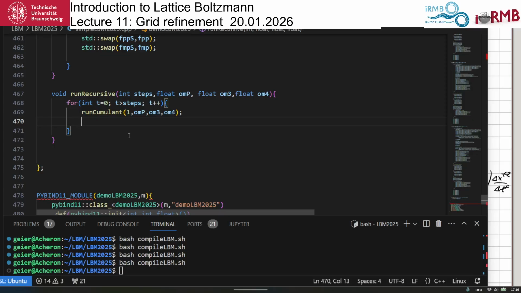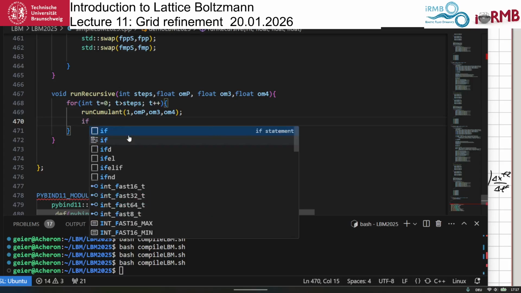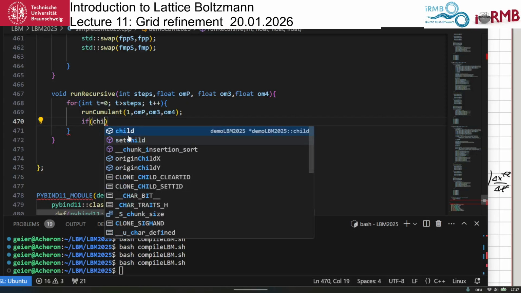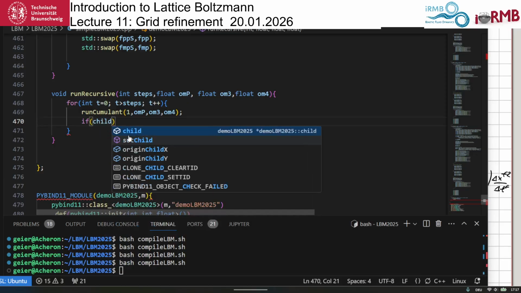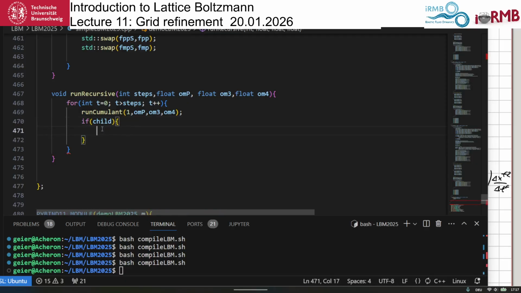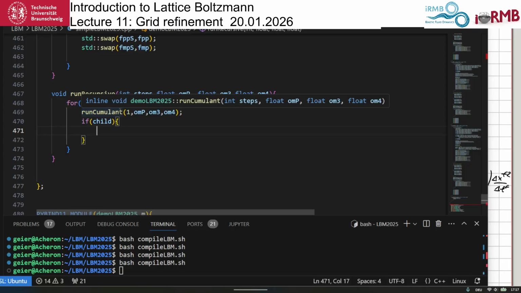So this is why we have this null pointer, because we can ask the null pointer whether this exists. So we can simply say if child. Because if it has a null pointer, then this will not do anything. And if it doesn't do anything, all it does is run the outer loop. Yeah, then we are done.